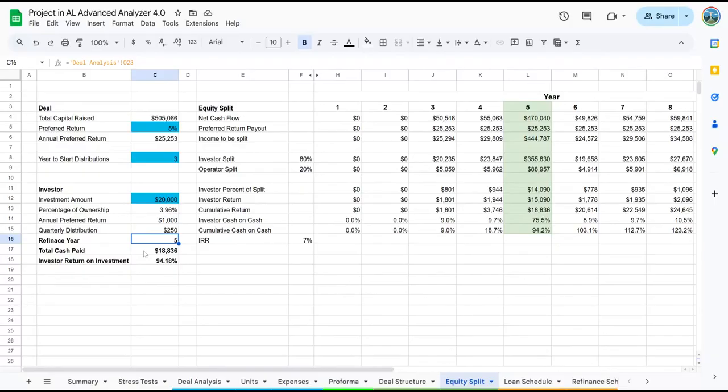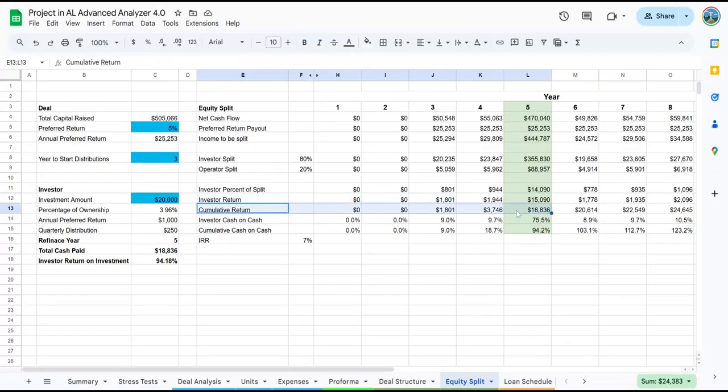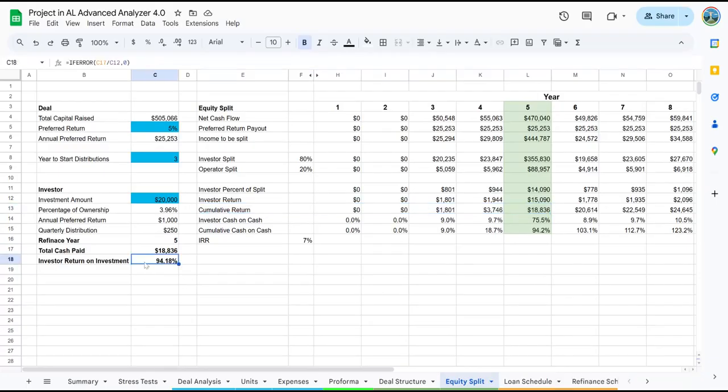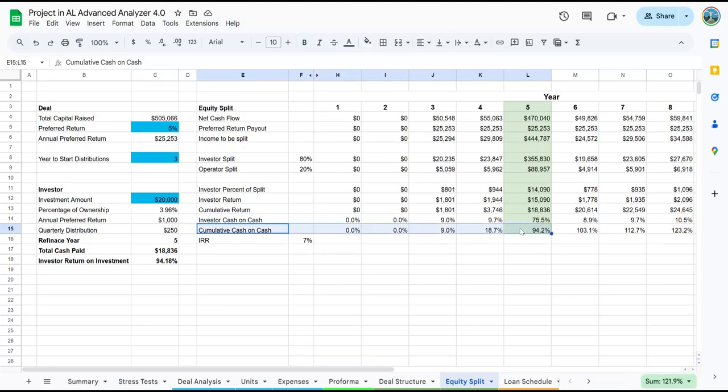The total cash paid out is $18,836, which is this cumulative return. And then the investor return on investment is 94.2%, which is the cumulative cash on cash return.